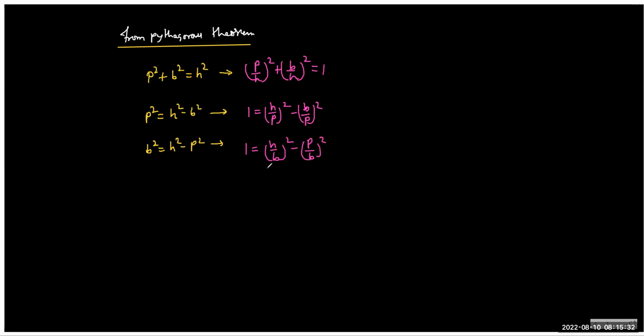And now we just learned the name of the ratios. Okay. So tell me guys, what is the P by H? What do we call this ratio? Tell me. P by H, perpendicular upon hypotenuse. What we call? Sine theta.